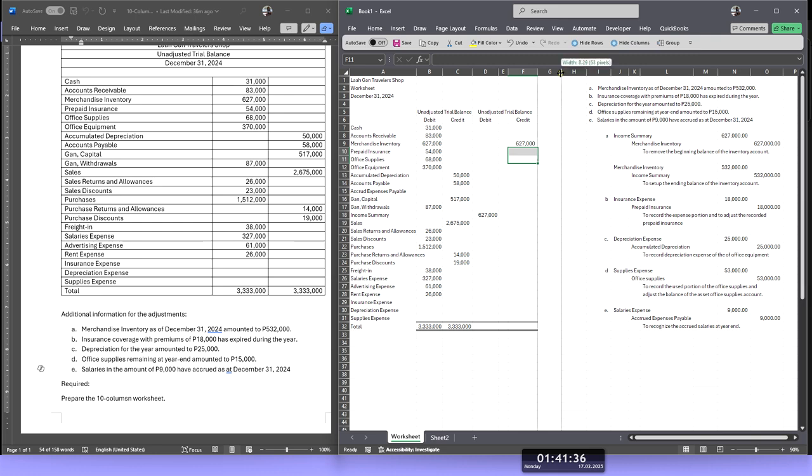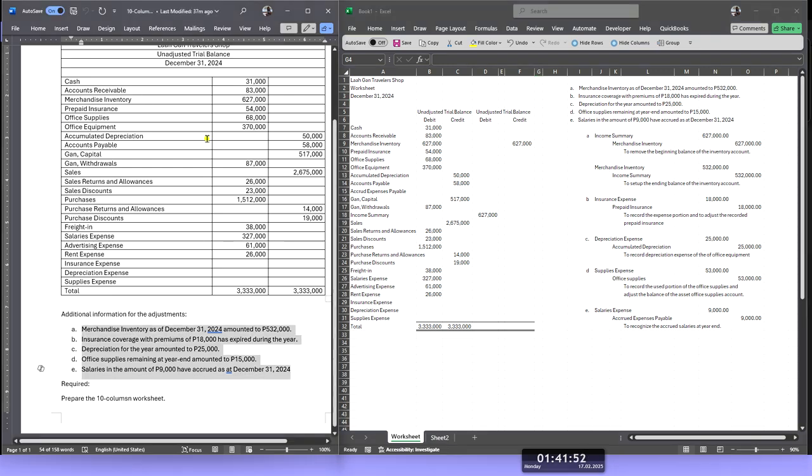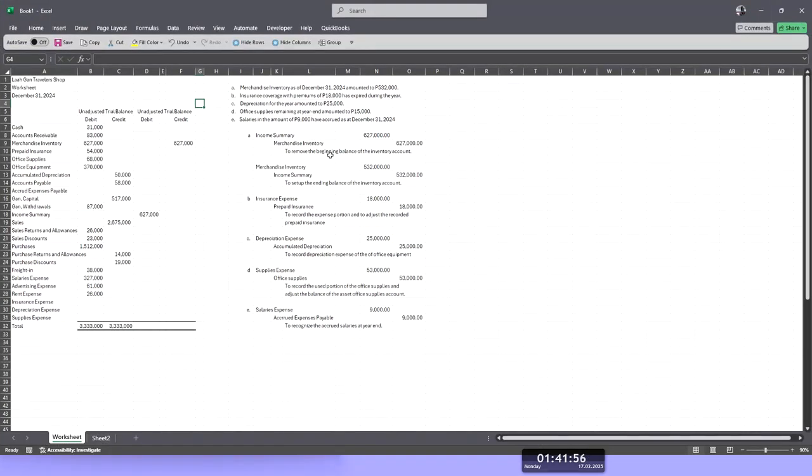And since I've already created the adjusting entries here, I might not need this Word file anymore. So I'll make this full view.